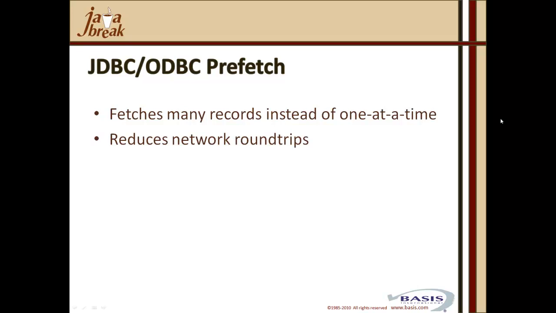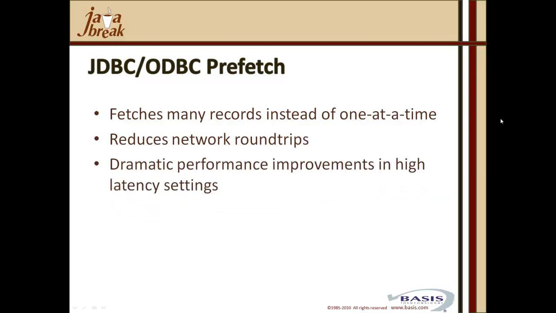So particularly useful in high latency type deployments. If you're moving your service to the cloud or you have remote access to the database through ODBC or JDBC type query, then you should up the prefetch setting in the ODBC or JDBC driver to a substantial amount. So that reduces the round trips across the network, and of course that latency can be avoided. So dramatic performance improvements will be gained in high latency settings.